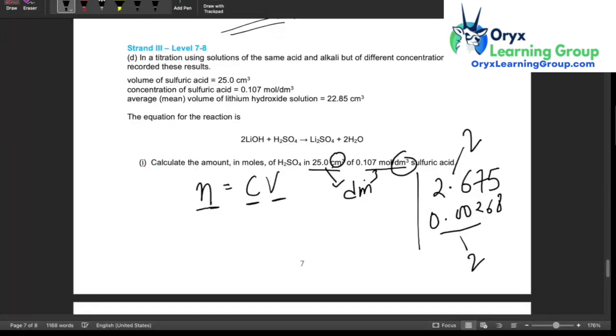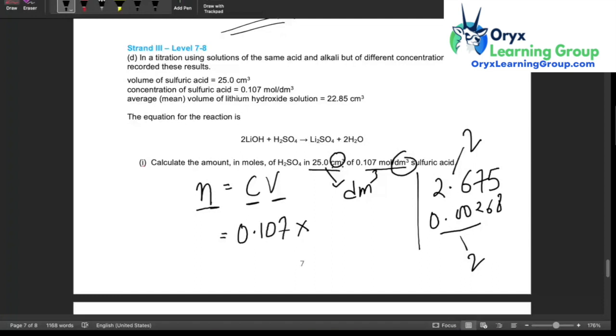Understand this? Okay, so what will happen? When we substitute, it will be 0.107 times, see, our concentration is in moles per dm cubed, so our volume also should be in dm cubed, not in cm cubed. Remember this, when you're substituting, the volume should be in the same unit.